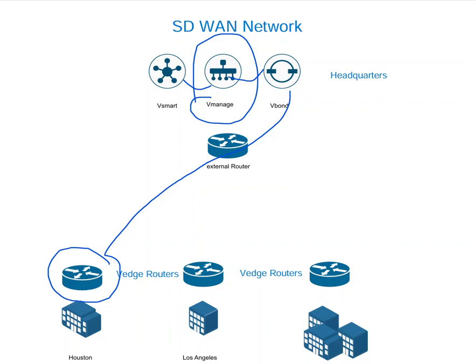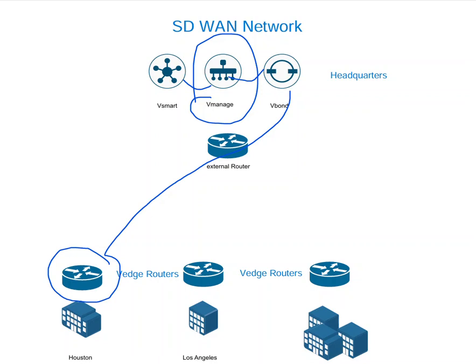From the vManage, which acts as a central control center for the entire network, the network admins can configure the network, set up rules, we'll talk about rules later on, like security policies or routing preferences, and monitor how everything is performing.